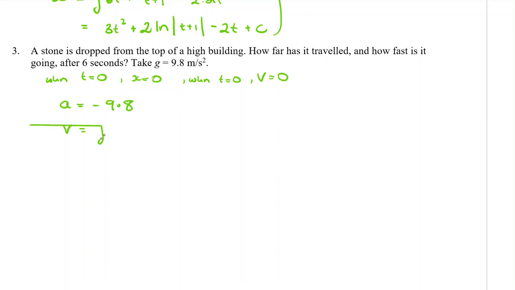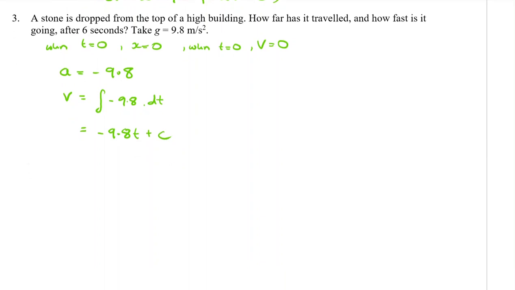We integrate the first time. Minus 9.8 with respect to time. Because it's a constant, when I integrate it, it just gets a t. And we add the c on the end. Okay, information to sub in.